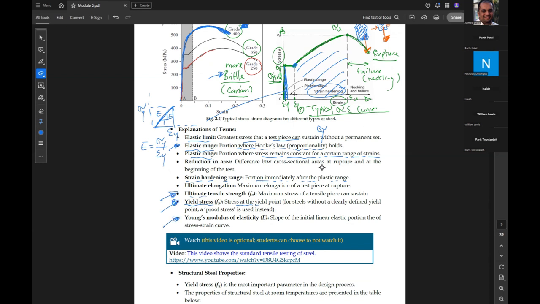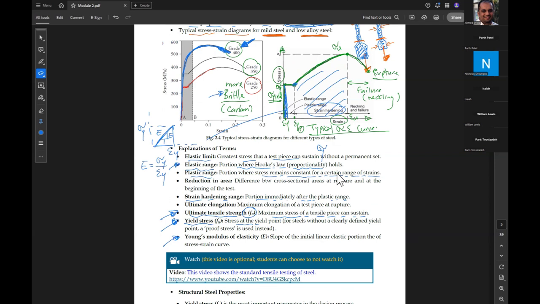The ultimate strength F ultimate is the maximum stress the tensile piece can sustain, at the top of the curve here. So this is sigma ultimate. Sigma yield or F yield is the yield strength at the end point. For steel without a clearly defined yield point, a proof stress is used instead.